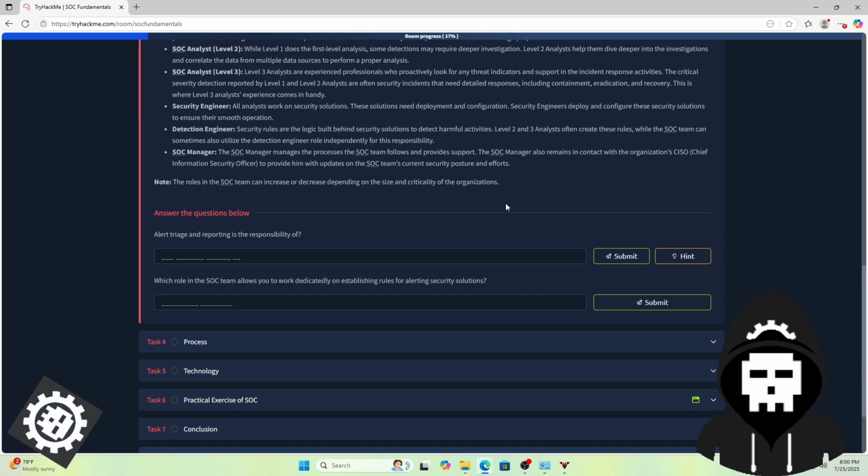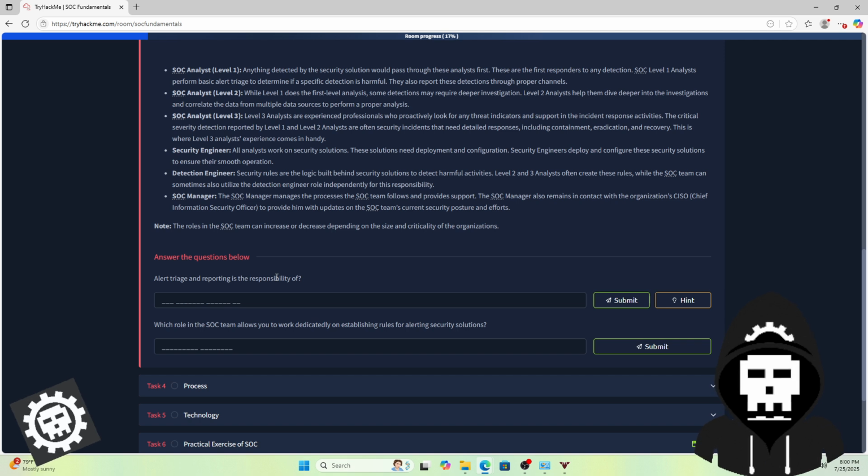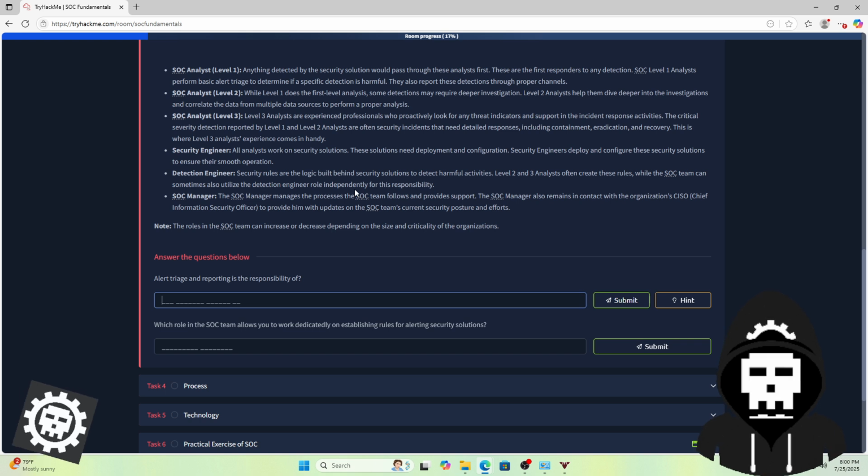So, alert triage and reporting is the responsibility of, and there's hints here if you need them, which is kind of nice with TryHackMe, but we know that typical alert and reporting is the responsibility of the SOC analyst. Now, which level? Well, I would say this turns out to be a level 1 SOC analyst, so let's see if I'm correct.